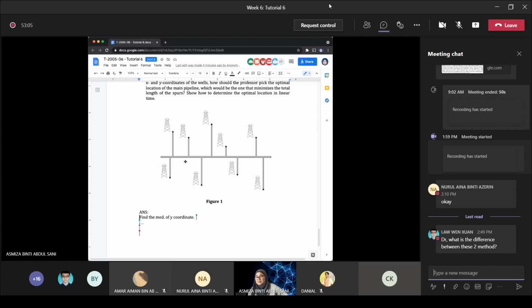And since it divides the wells equally, you put the main pipe straight through, and we assume that would give the least total length of the spur. It might not give you the smallest, but at least it will minimize the total length of spurs that connect each of the wells to the main pipeline.